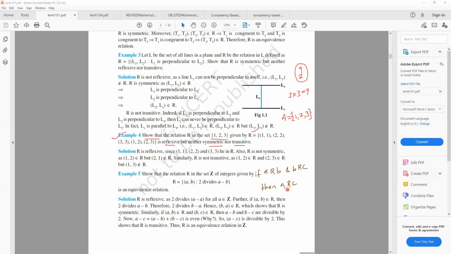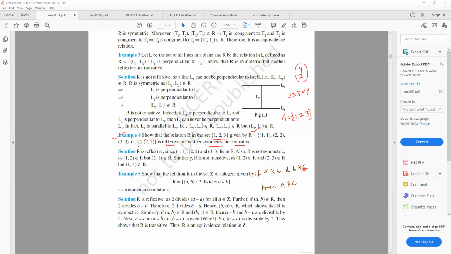What I said in the other statement, if you can't find two pairs like this, A related to B and B related to C, ऐसे दो set of numbers आप नहीं निकाल सकते उस रिलेशन से, ऐसे दो pair आपको नहीं मिलते हैं तो then by default that relation is transitive. अगर ऐसे दो pair हैं, A related to B and B related to C, then A should be related to C होना ही चाहिए.